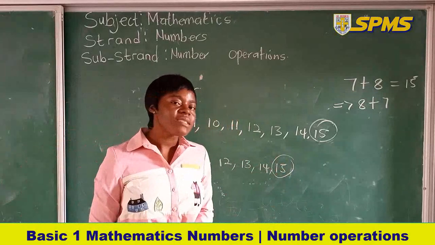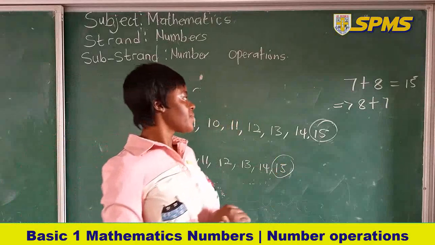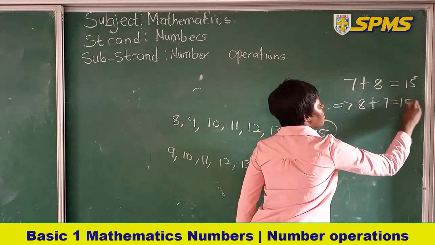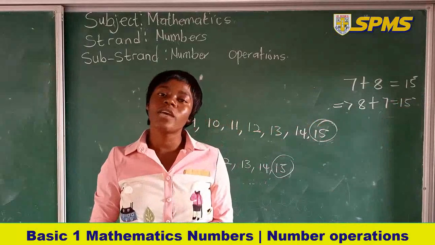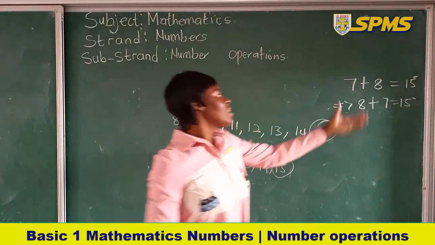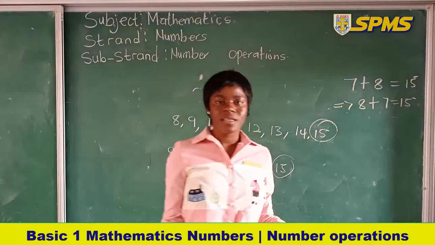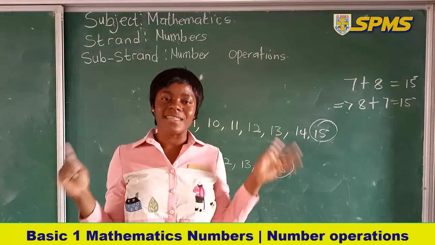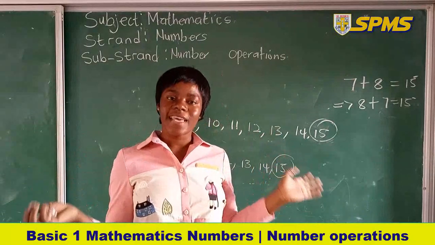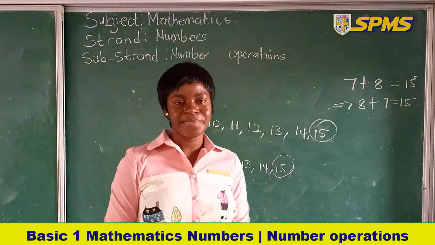Therefore, our statement is correct. 7 plus 8 will give you 15, and 8 plus 7 will give you 15. So changing the addends doesn't change the answer. It's the same answer that you get.